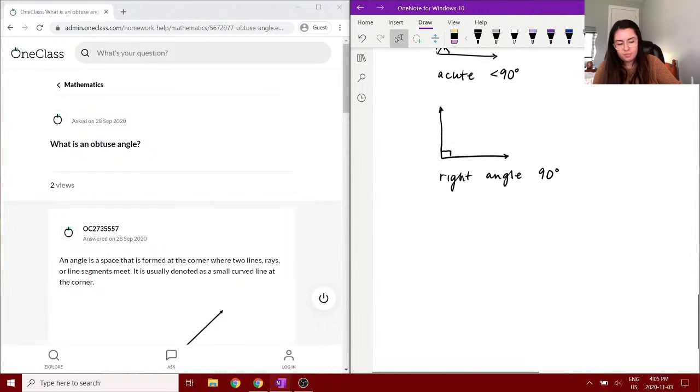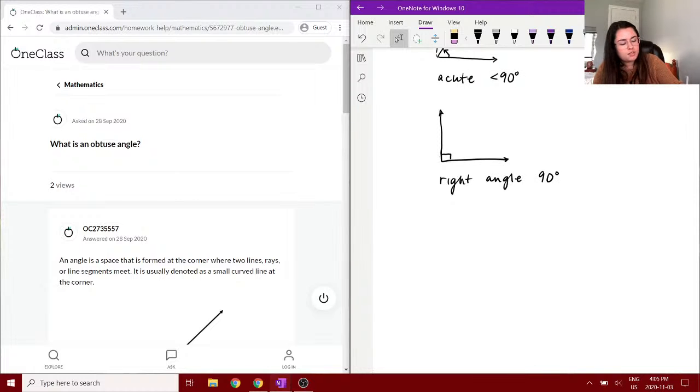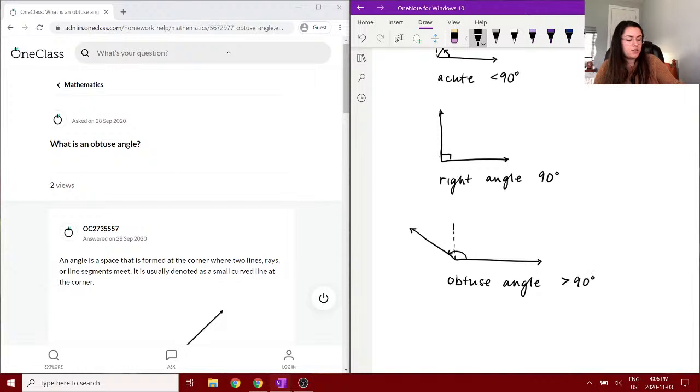And the third type of angle is what we call an obtuse angle, right? So if this dashed line tells you where the 90-degree mark is, this angle, the obtuse angle, happens when it is an angle greater than 90 degrees.